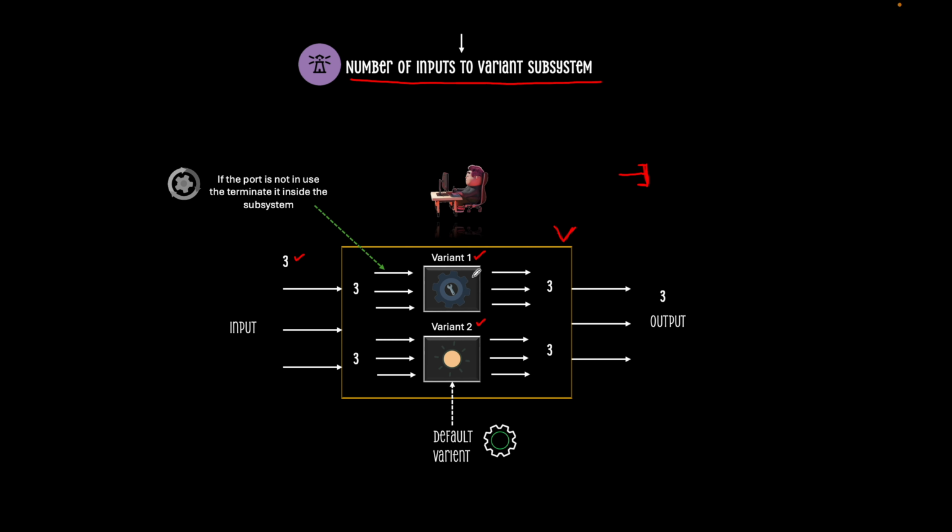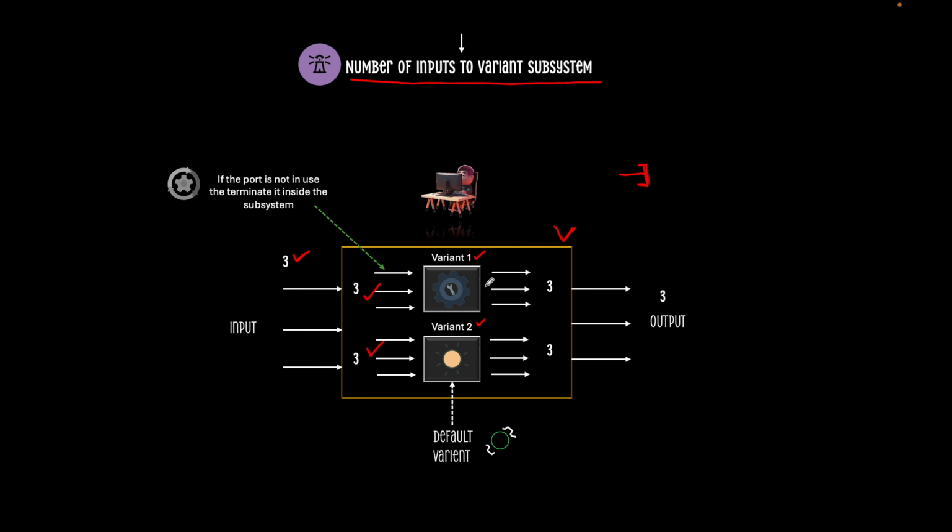It is a design aspect in which it will not confuse the developer about where the input should go and why there is a difference between these two variants. With this, you will be able to clearly say that the system on the top level receives three inputs, and both variants receive the same three inputs in both variant conditions.